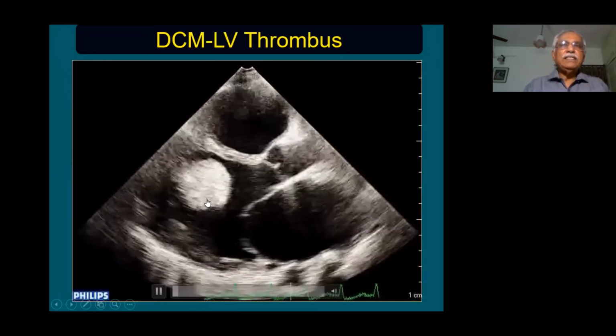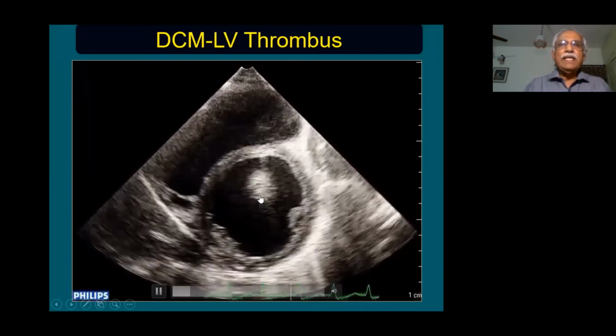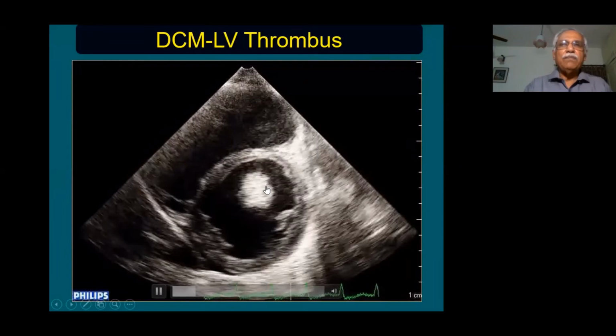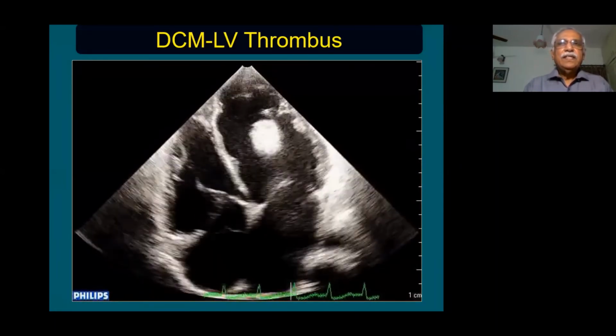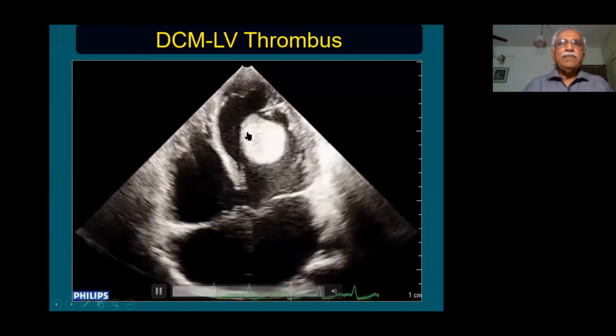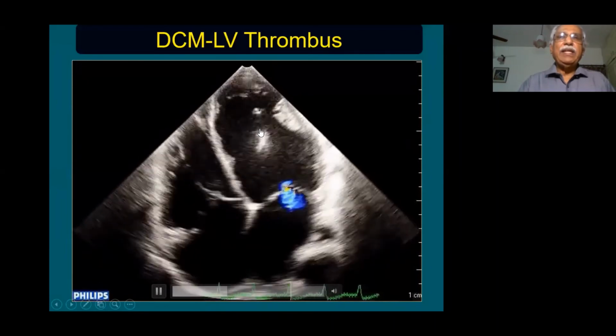A large mass, global hypokinetic contraction, dilated cardiomyopathy with a large left ventricular thrombus. You can see the large mass. It is attached to the left ventricle. The attachment is not clearly made out in this view.